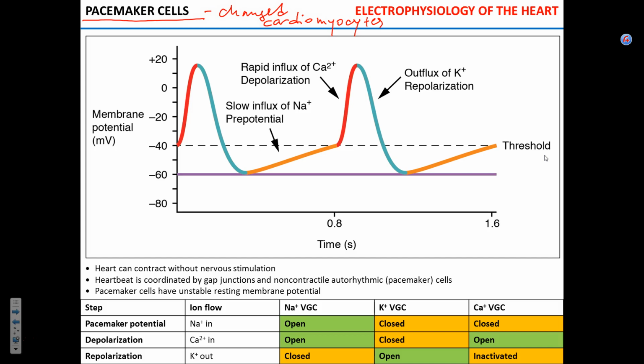The function is not to contract. The function is to set the rhythm. So pacemaker cells have a slightly different mechanism of depolarization. And first, I want to highlight this beige fragment here. Okay, so this is a pacemaker potential.